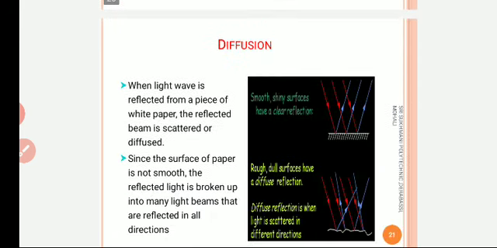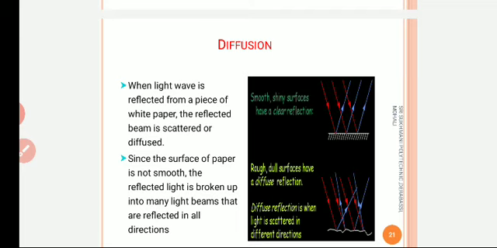Then there is diffusion. When a light wave is reflected from a piece of white paper, the reflected beam is scattered or diffused. Since the surface of the paper is not smooth, the reflected light is broken into many light beams and it is reflected in all directions.